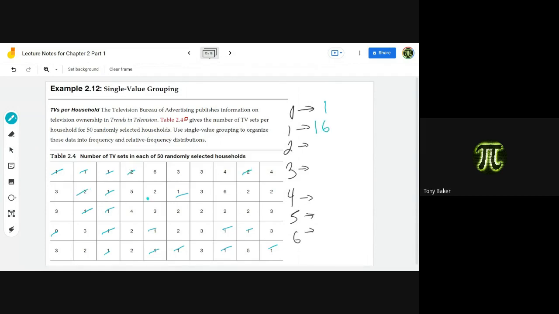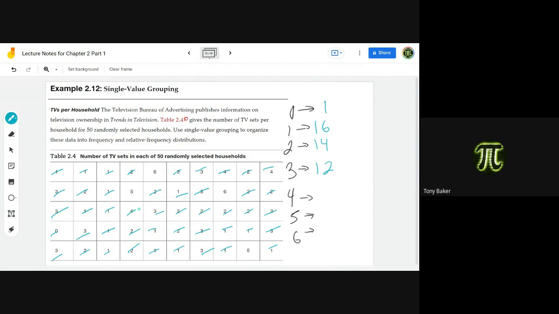1, 2, 3, 4, 5, 6, 7, 8, 9, 10, 11, 12, 13, 14. Then 2, 3, 5, 6, 7, 8, 9, 10, 12.